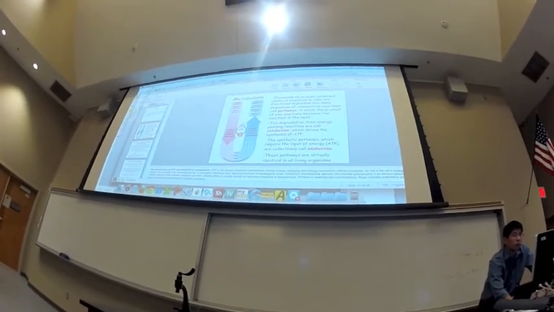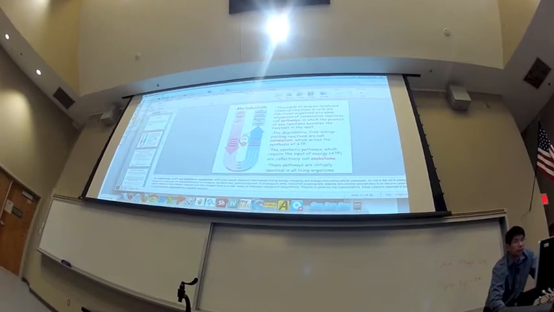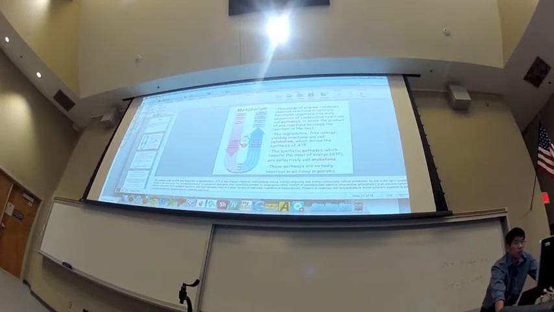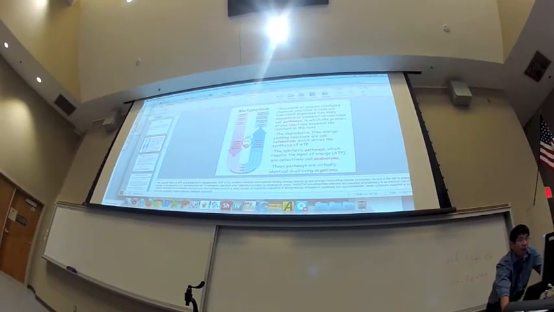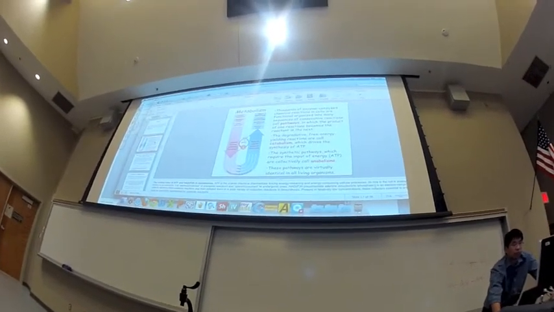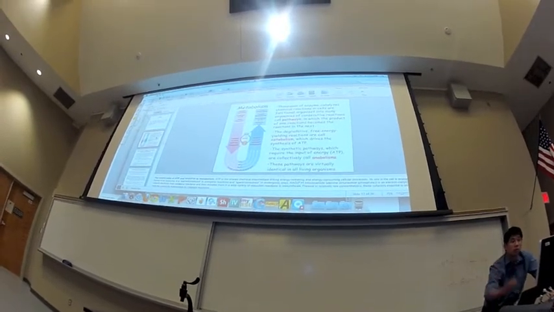So the difference between catabolism and anabolism. Catabolism means you create free energy. And anabolism means you require the input of energy to produce higher order molecules.